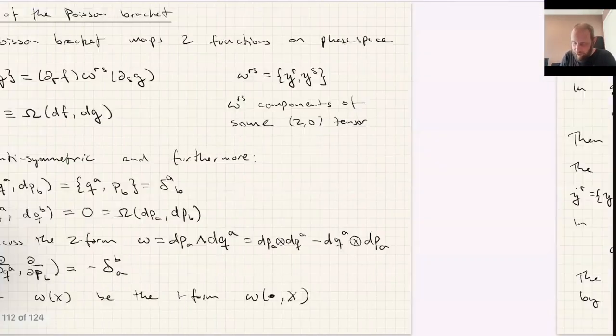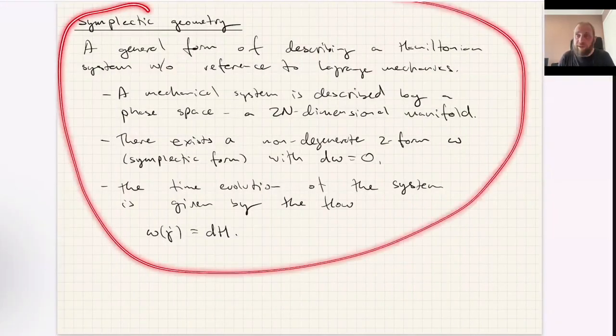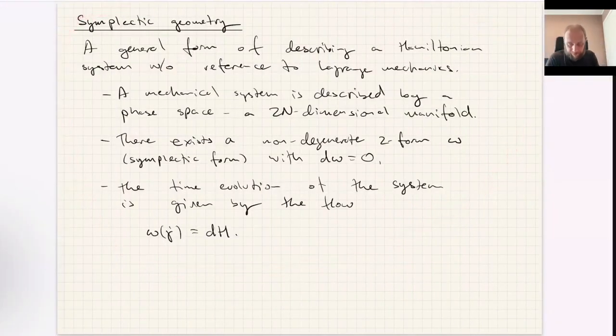So whatever statements we're going to be able to make about this symplectic geometry are going to apply to any Hamiltonian system as defined previously as well. Any questions on that?